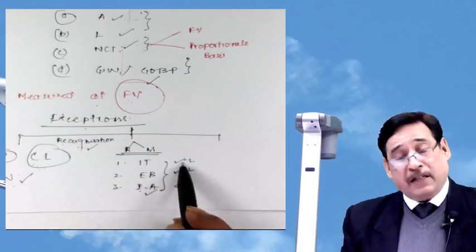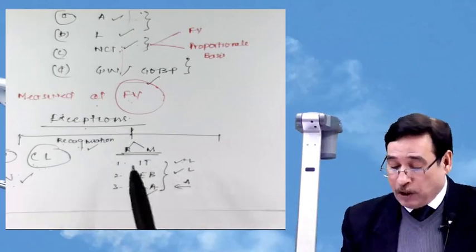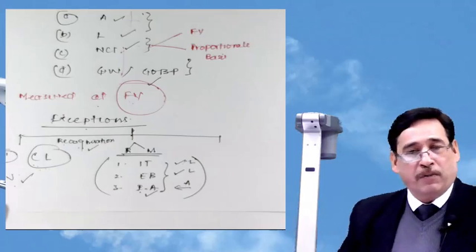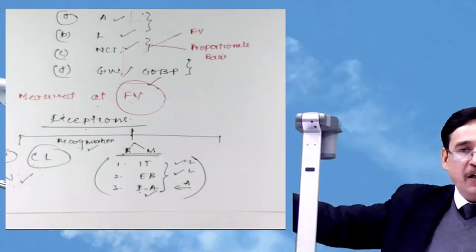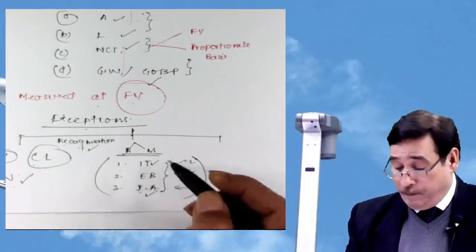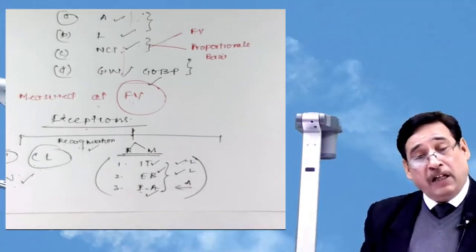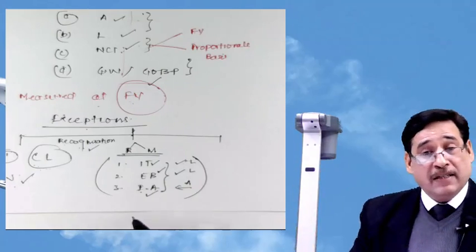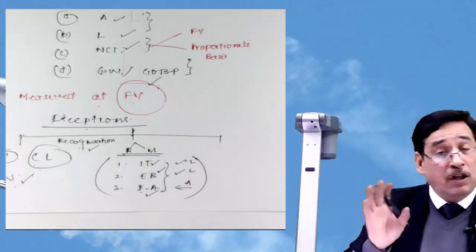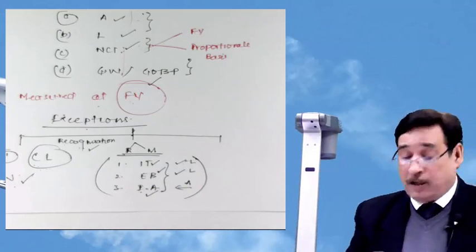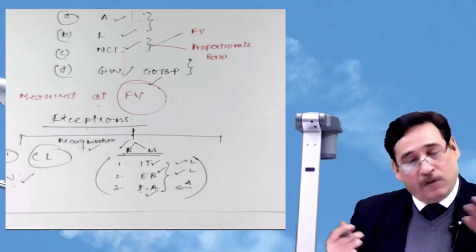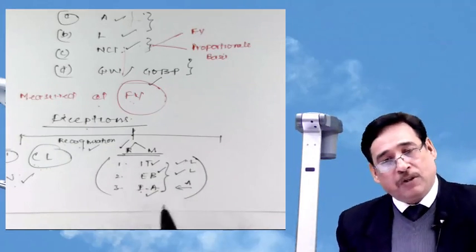First of all, it is an exception to the recognition rule because the general principle is that whenever I am going to take the business of somebody, and if that somebody has some income tax liability, some employee benefit liability, or some indemnification asset, generally those will not be recognized. But Ind AS says that you are going to recognize them. So that is why it is an exception to the recognition rule.